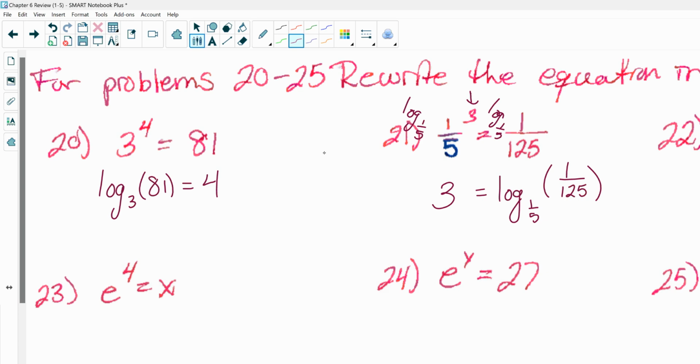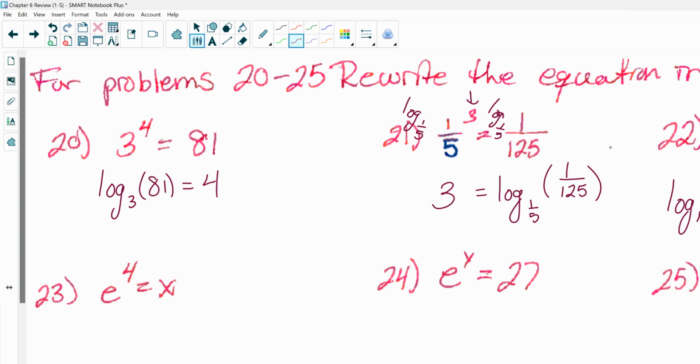But again, the switching method still works. This is just another way to get to it. Because if we look at the next one, 125 to the 2/3 equals 25, if we did the switching method, this would be log base what? 125 of 25 equals 2/3.